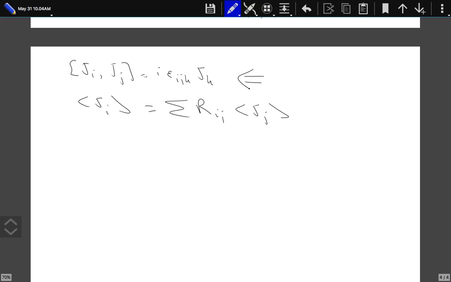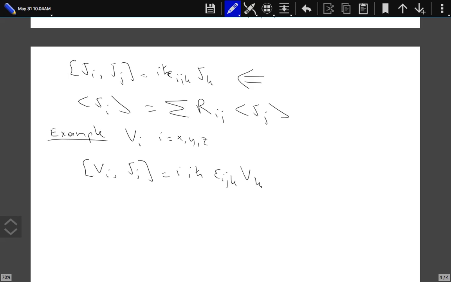Let's consider three other operators, Vi, and let's also assume that these three operators satisfy almost exactly the same commutation relation. It just looks like the commutation relation between the rotation generators: the commutator of V with J gives us some other component of V.